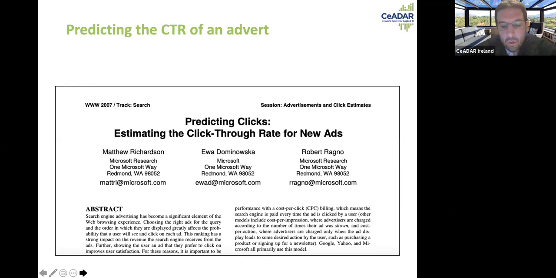Generally, Google and Facebook have very good algorithms, but they will never publish them because they don't want their competitive advantage to be wasted. Well, sometimes they do, but it's not the core, or it's not the most relevant part of their business. So there are a lot of papers like this.